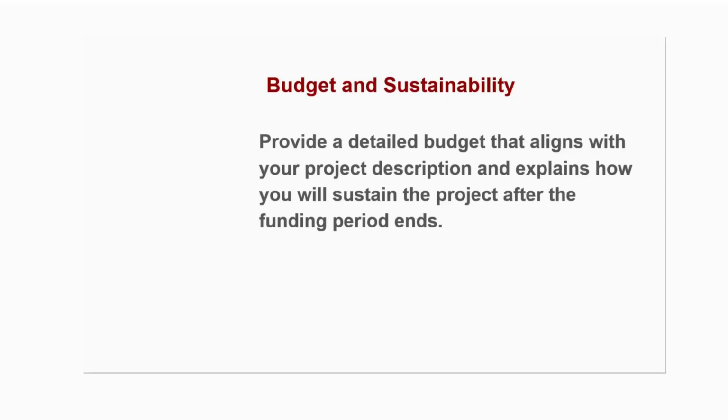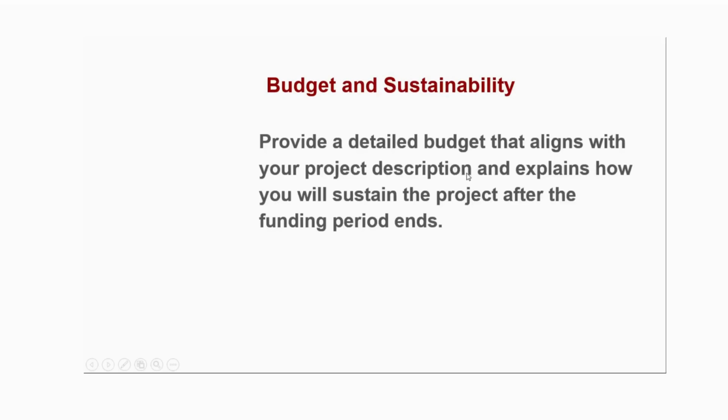Then budget and sustainability is also a very important aspect of your project proposal. For the budget, you have to clearly state the items. This should be informed by the major activities.